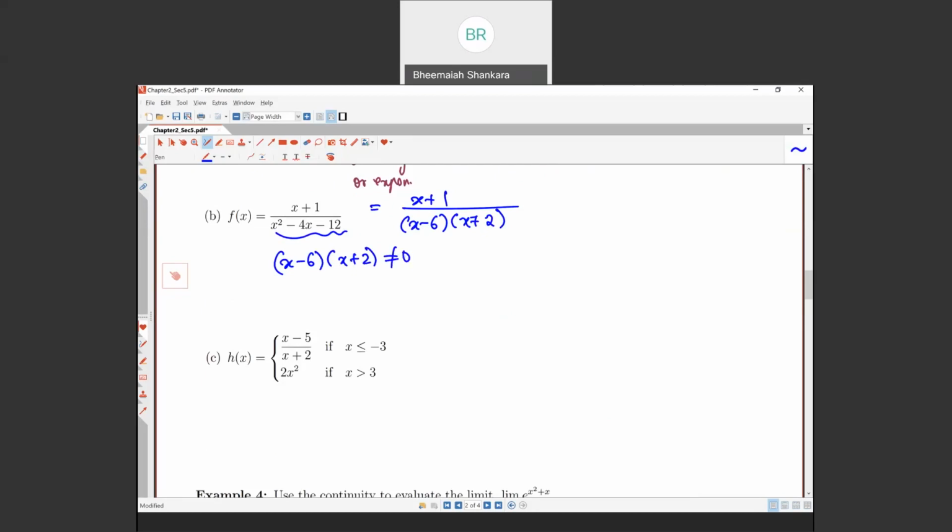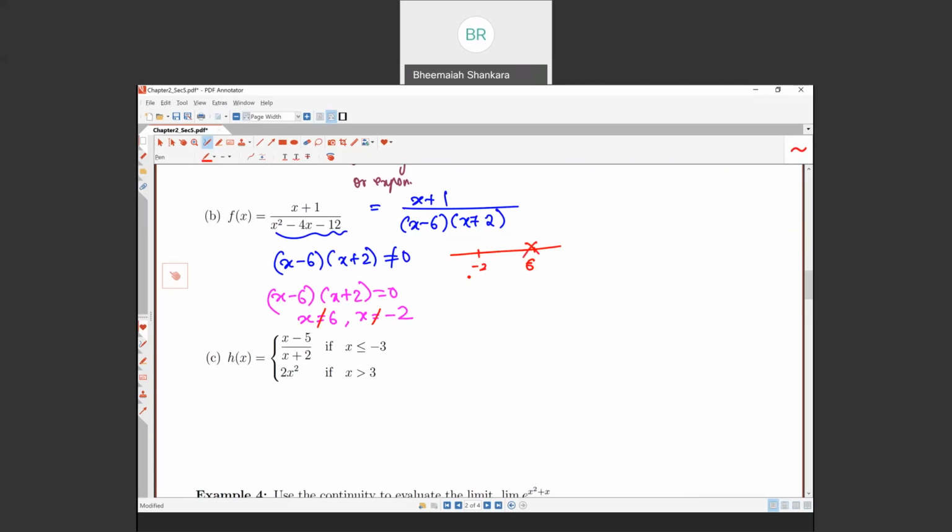Again, this is for our convenience. We rewrite it as 0 and solve x minus 6 times x plus 2 equals 0. Solve for x, you have x equals 6 and x equals negative 2. But once you're done solving it, you have to understand that this actually comes with a not equal to sign. So all you say is x cannot be 6, x cannot be negative 2.